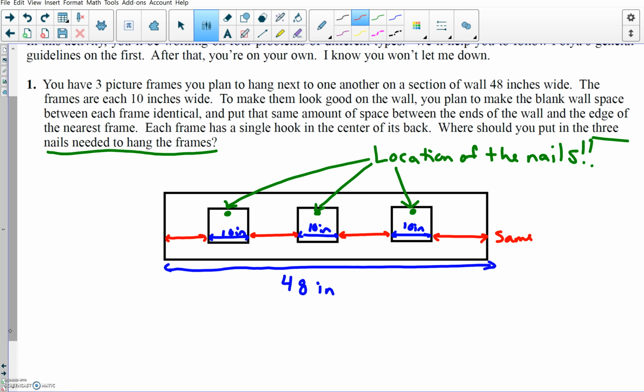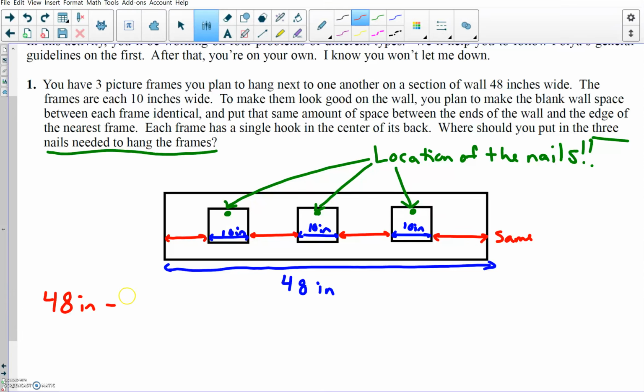So the first thing I'm going to do is, if I think of those 10-inch frames covering up my wall, figure out the parts that aren't covered up. I can take the total length of the wall, which is 48 inches, and subtract off what is currently covered.